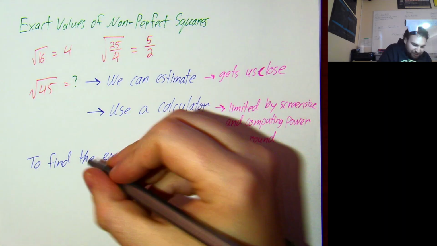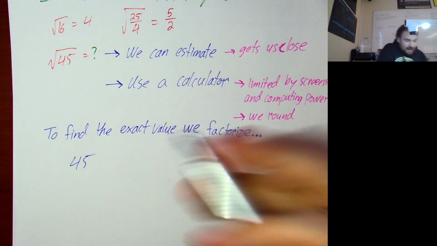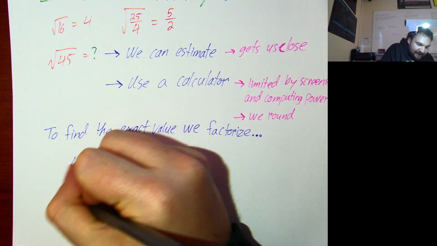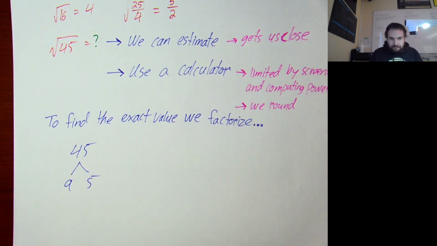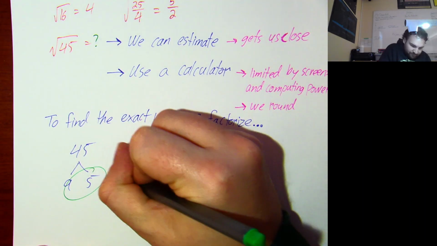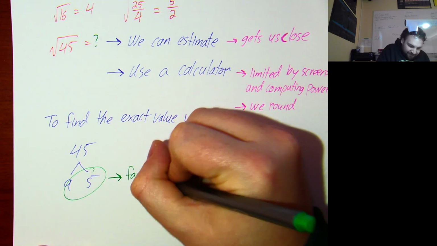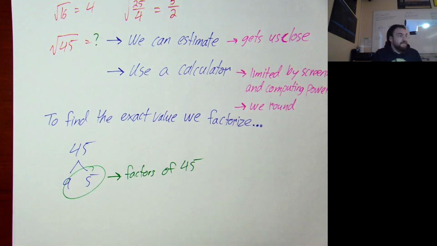Okay, here we go. So 45 can be broken up into its factors. Now, one set of factors is 9 and 5, as Presley has already given to us. These guys here are factors of 45 because they multiply together to give you 45.